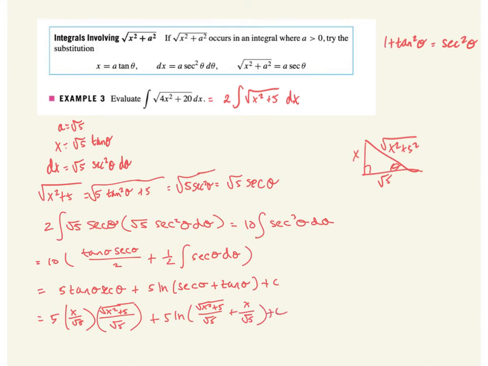So that's my final answer, but of course I can clean it up a little bit. 5 divided by root 5 divided by root 5, that's 1. So this is equal to x square root of x squared plus 5 plus 5 ln of root x squared plus 5 plus x over root 5, common denominator, plus c.